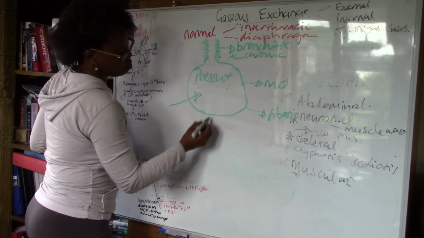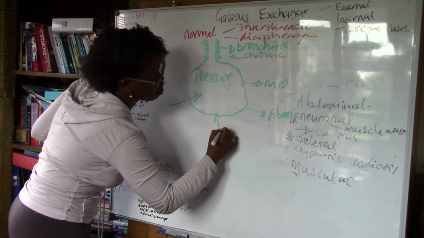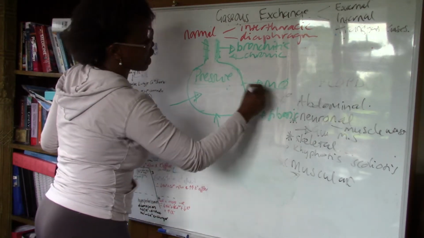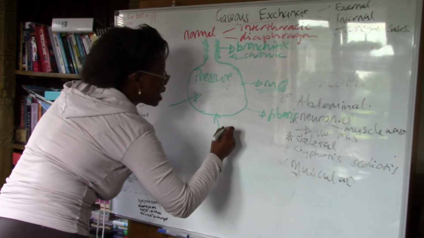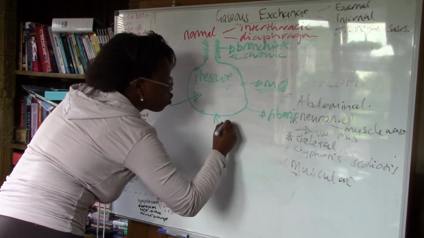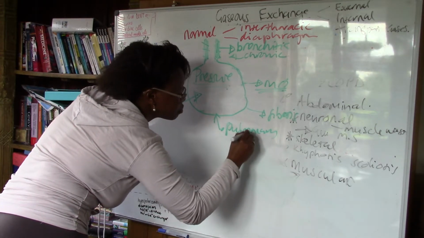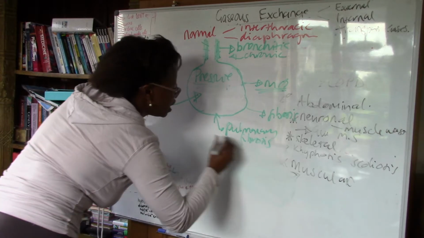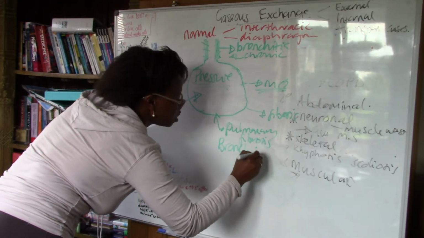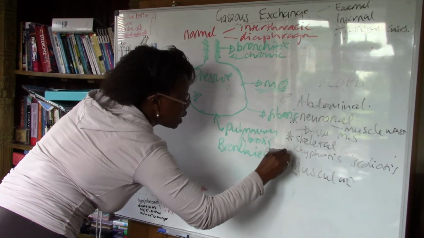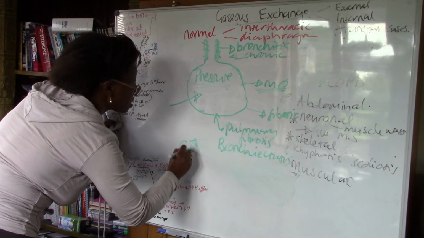So now the diseases found in terms of the inflammatory system will be things like pulmonary fibrosis and bronchiectasis. And this is obviously much more common in people with CF.